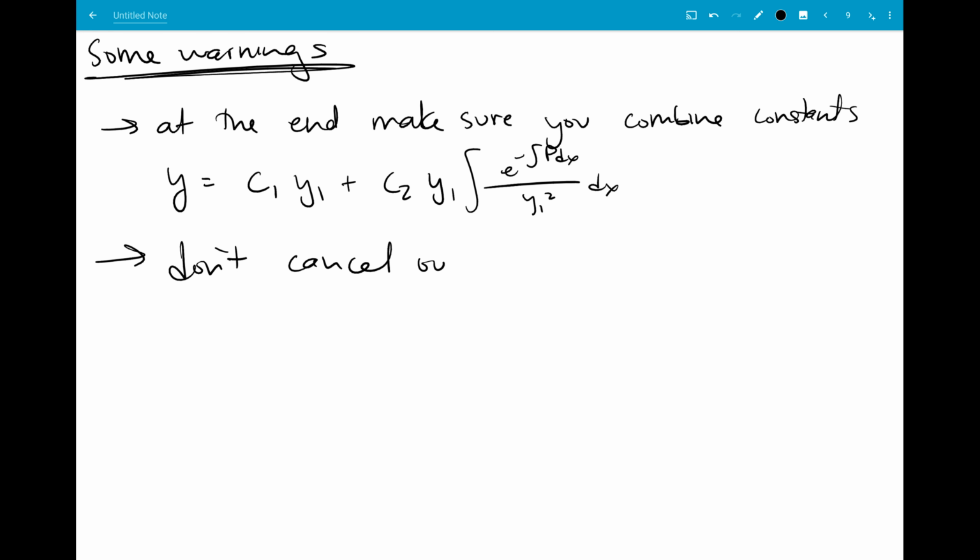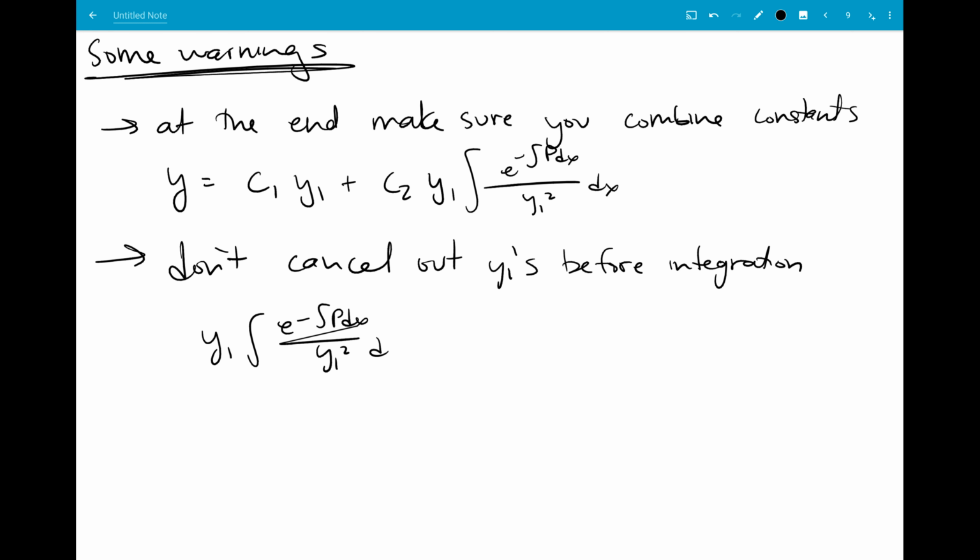And then don't cancel out your y1s early on, before integration. So you can't say y1 integral e to the minus integral p dx over y1 squared dx is equal to the integral e to the minus integral p dx over y1.